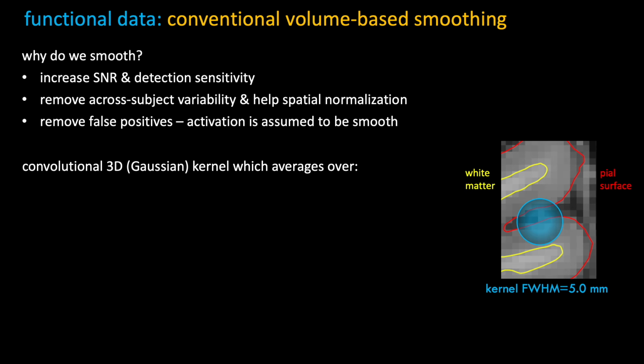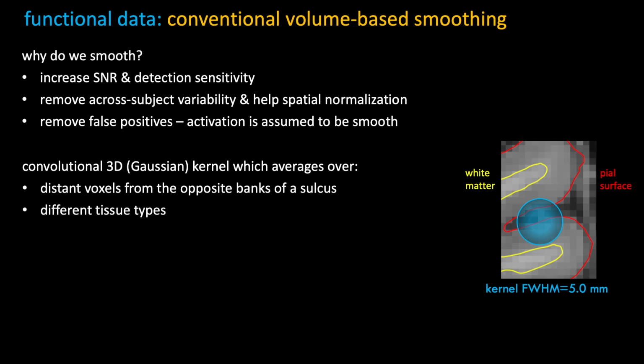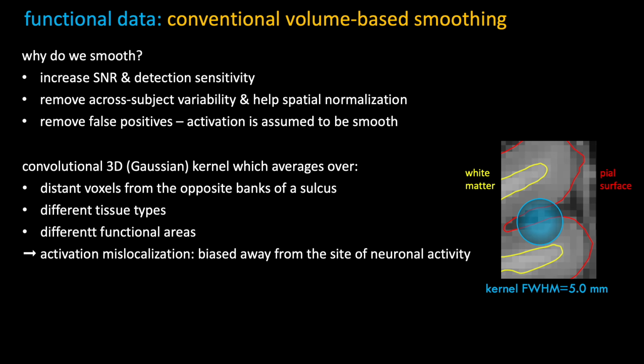It's about 5 millimeters, and you can see that it smooths across voxels that are actually distant on the surface, that belong to opposite banks of the sulcus, that belong to different tissue types, like it's mixing in CSF, and that can potentially belong to different functional areas depending on where we are in the brain. So that could introduce activation mislocalization, biasing it away from the site of neuronal activity. So we applied smoothing to reduce errors, but we might actually be introducing more errors.